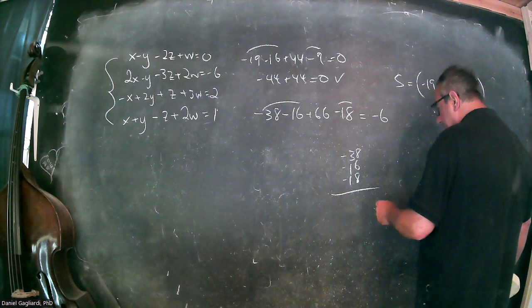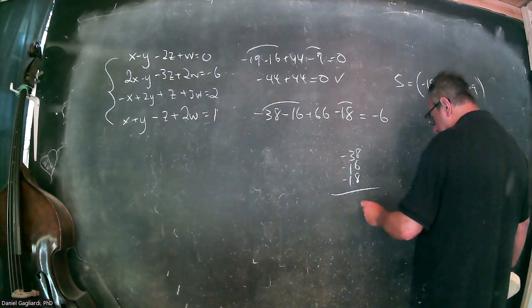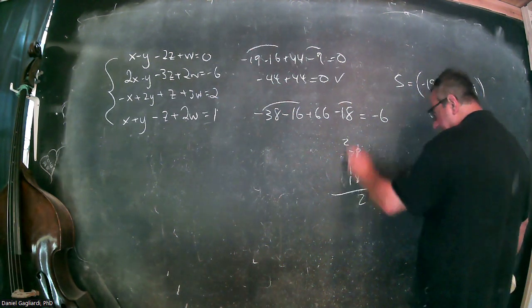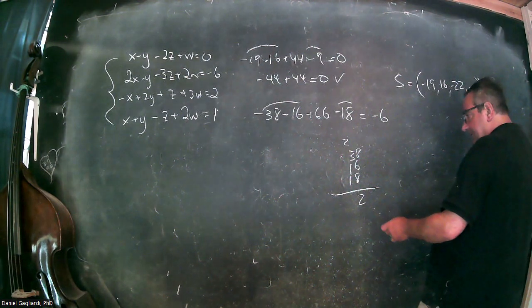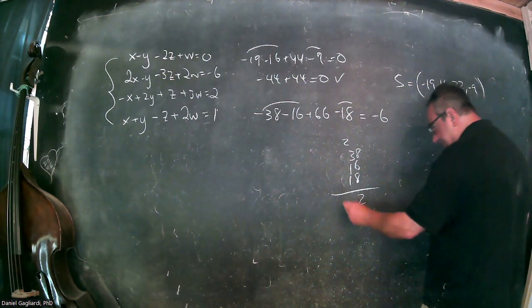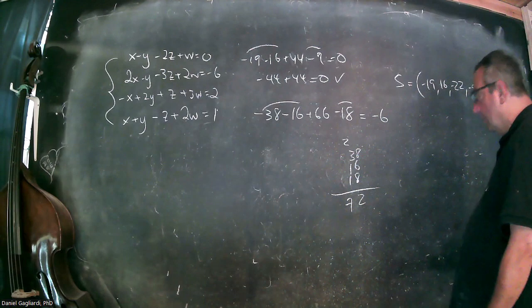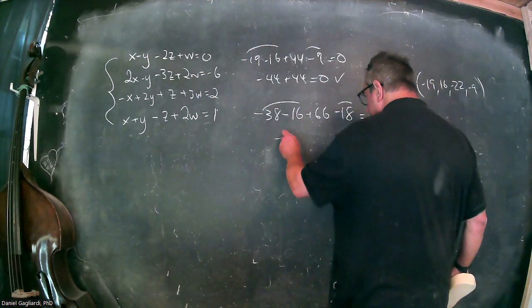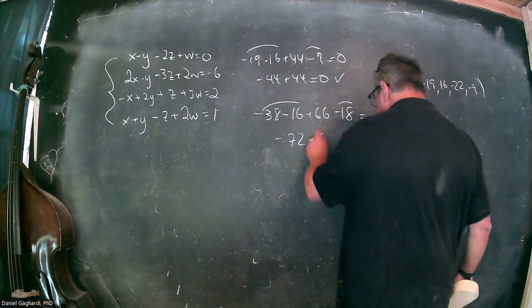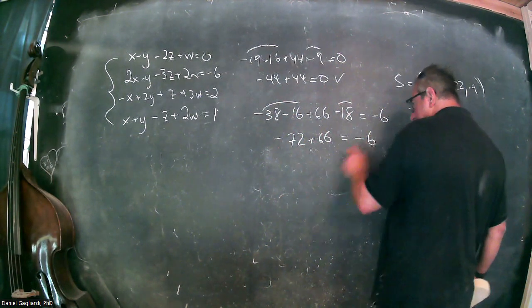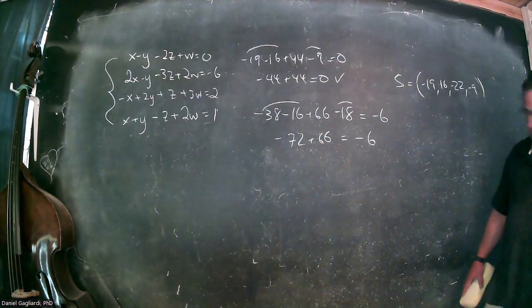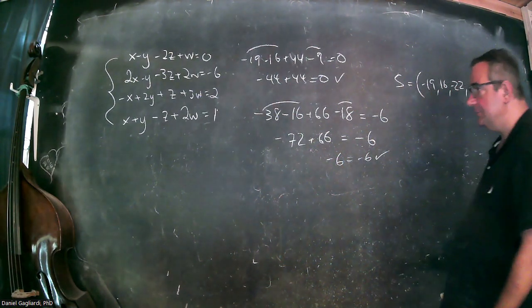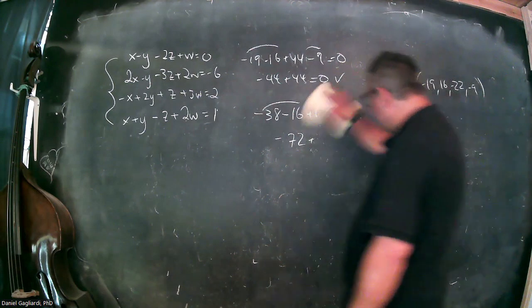So 8 and 6 is 14, and 8 is 22. So we carry the 2, and all these are going to be negative, so I'll just make them positive and change the sign at the end. So we have 5, 6, 7, 72, right? Okay, so the negative people add up to 72. So we have negative 72, okay, plus 66, and is that equal to negative 6? It sure is, right? Good. Negative 6 equals negative 6. Perfect. Equation 2 checks.